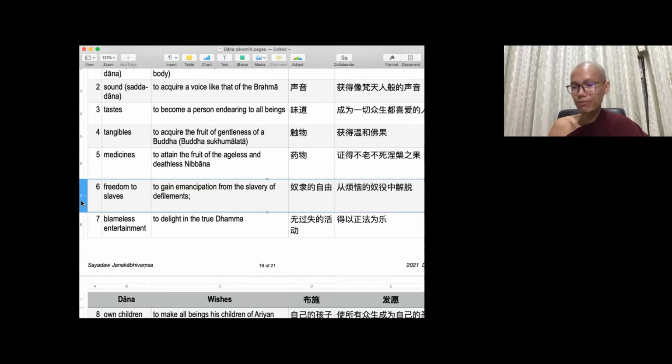So you become free. So no more slave, like that. Why does the Buddha donate not to be slave? To be free from slave of defilements.